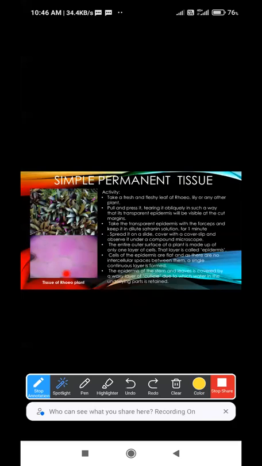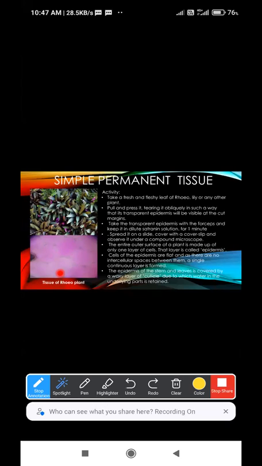So they are very tightly arranged without any intercellular space. Then if you observe the cell walls, they are very thin, and the pinkish color that you see is the cytoplasm, so it is rich in cytoplasm. This tissue is known as epidermis.